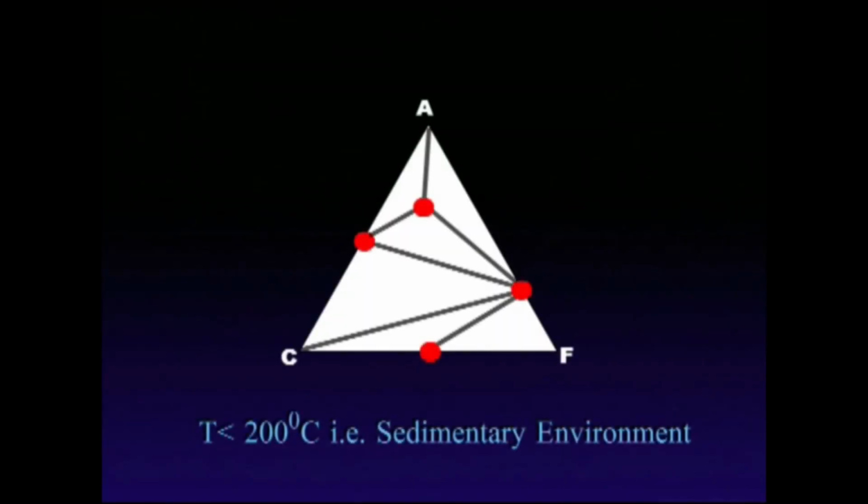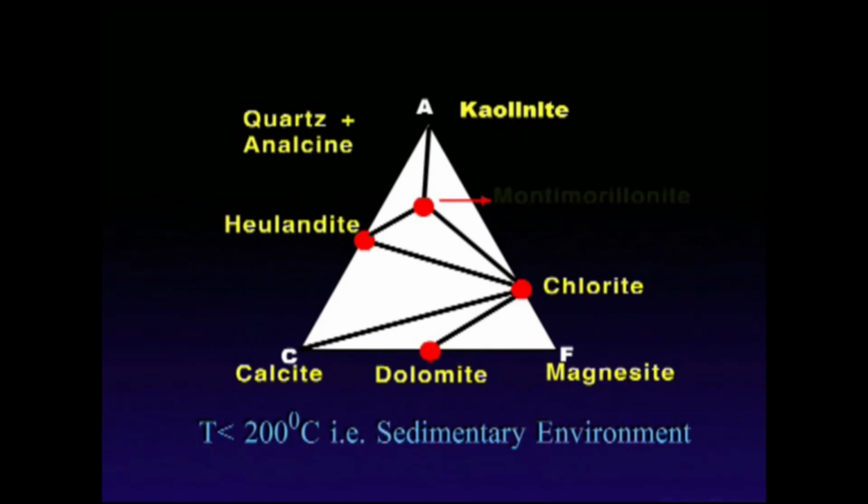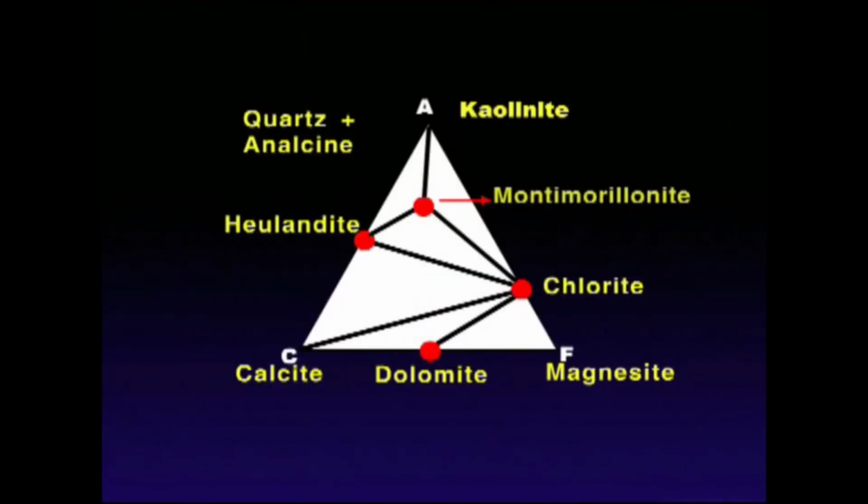Try to see the ACF diagrams of zeolite phases on the screen. When temperature is less than 200 degrees centigrade, we can see the following assemblages: kaolinite, hollandite, calcite, dolomite, magnesite, chlorite, montmorillonite, plus or minus quartz and plus or minus analcime.